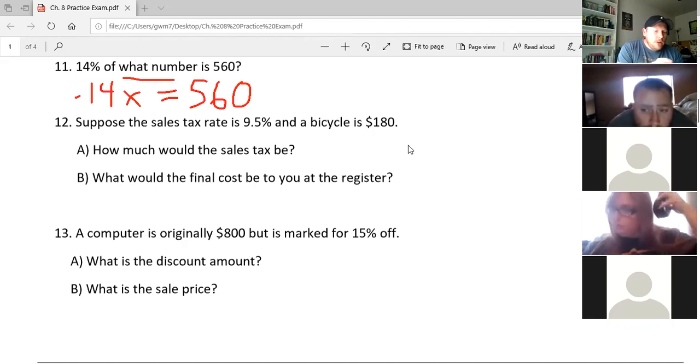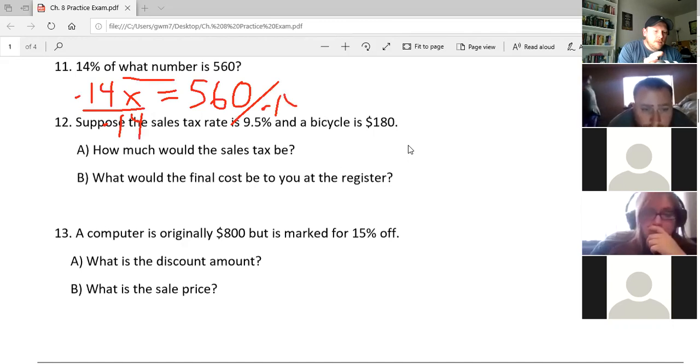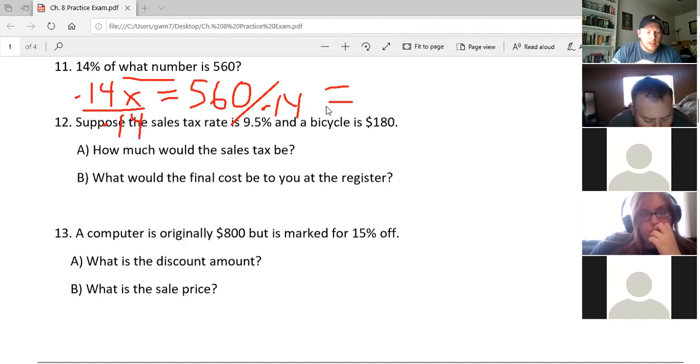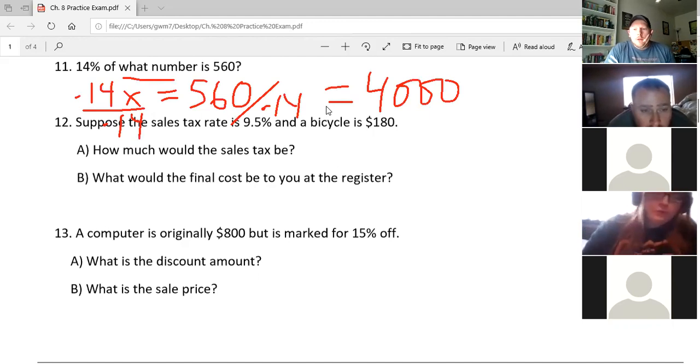In order to get x alone, it's multiplying, so I'm going to divide. And 560 divided by 0.14 is 4,000.